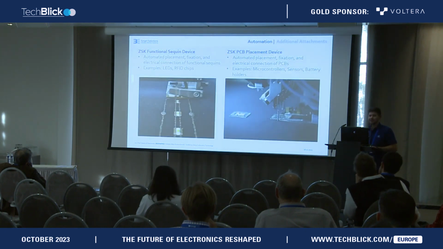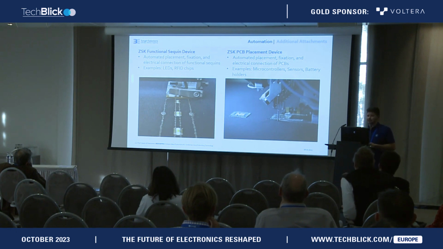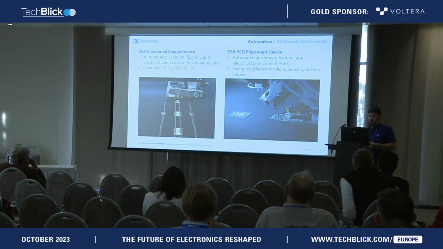On the left-hand side here, you can see the ZSK functional sequin device, which allows us to place small flexible PCBs, for example with LEDs or other SMD components, maybe RFID chips or temperature sensors. And on the right-hand side is the ZSK PCB placement device, which is capable of placing even bigger PCBs that can be more complex.